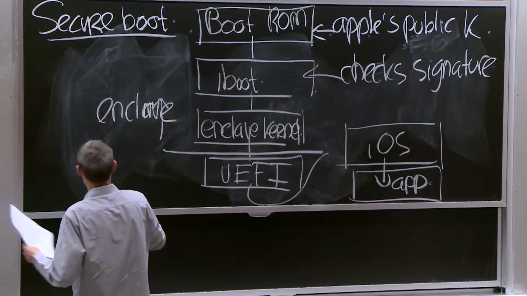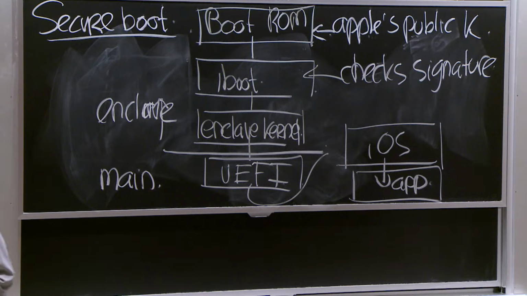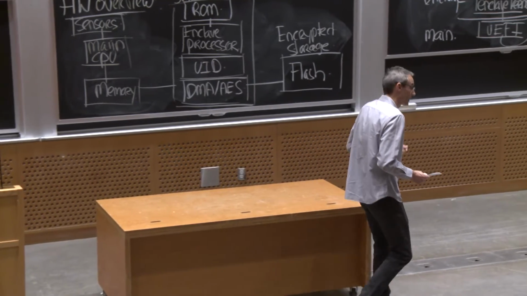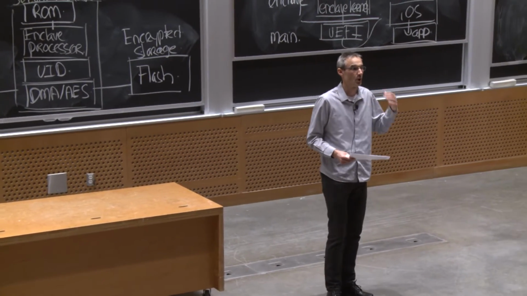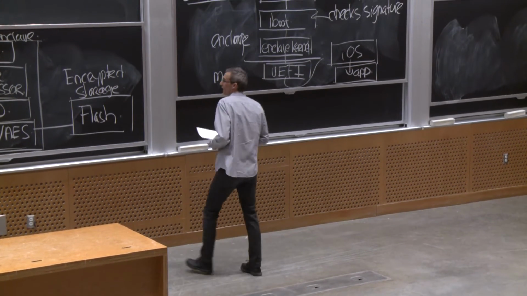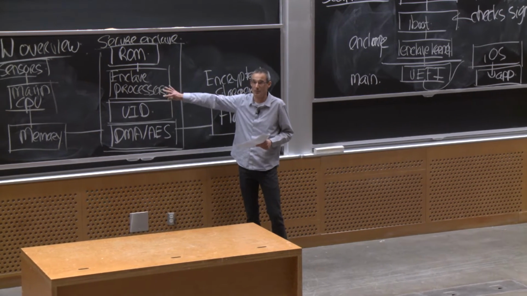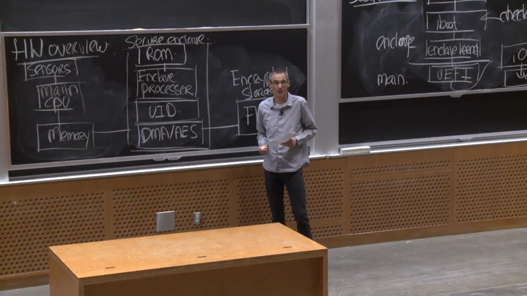And here, this runs on the main. Okay? Does it make sense? So basically, when your phone is up and running, and if the signatures have checked out, we might have pretty strong confidence that all the code that is running on the phone was code that was produced by Apple at some point because the signatures checked out. Okay?